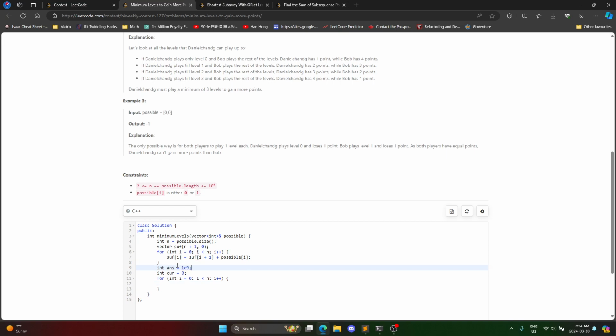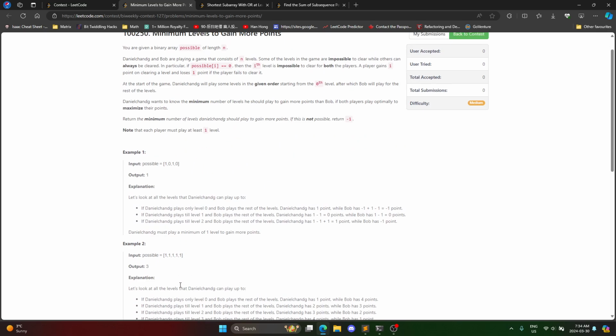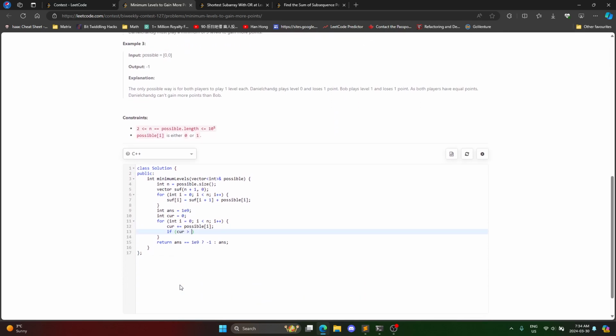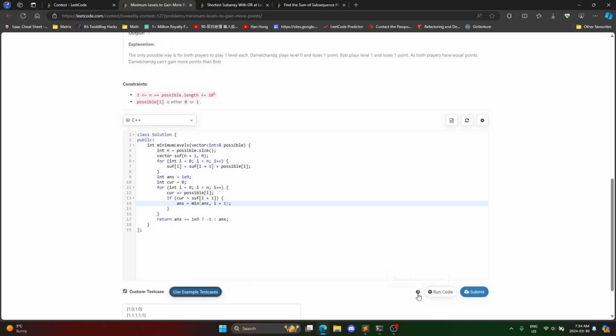So just per plus equal possible I, if per is more points than Bob, per's bigger than sub by plus 1. I think it's just this, right?